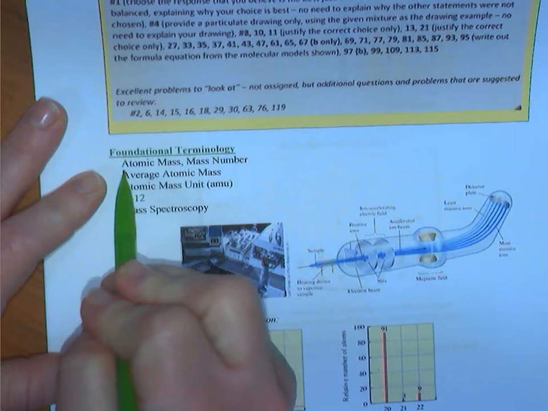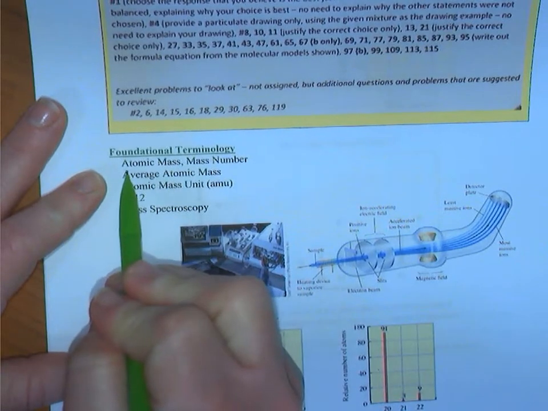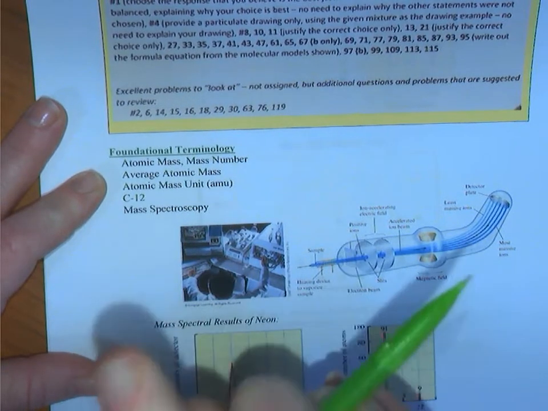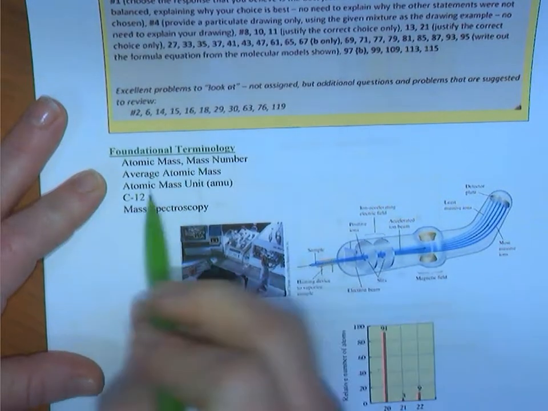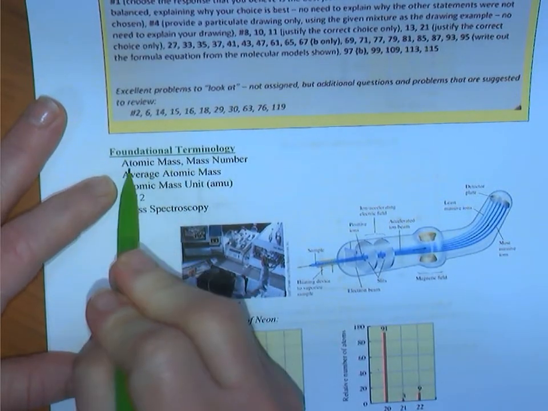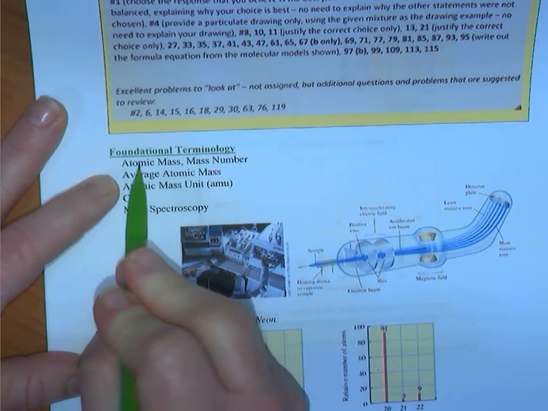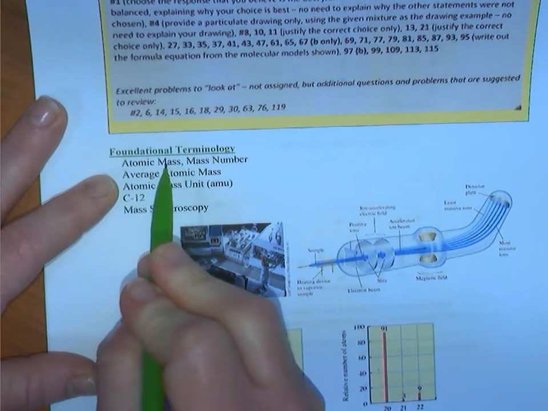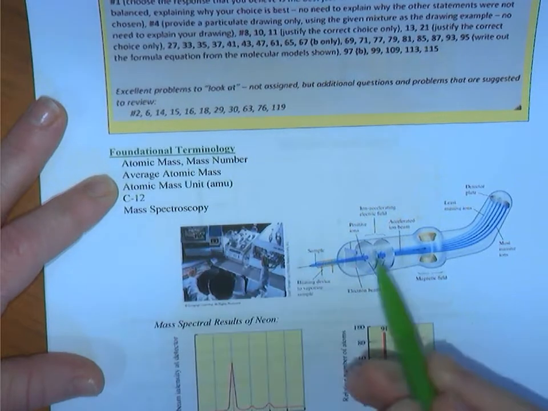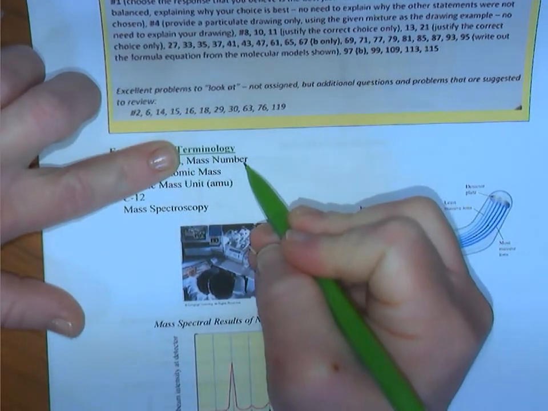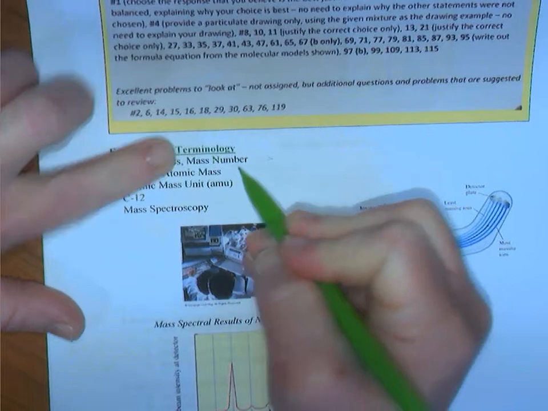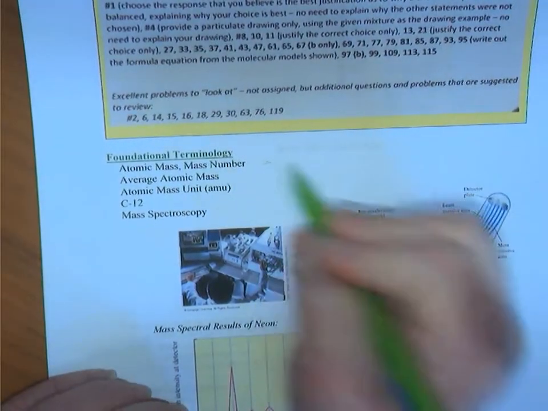Now, atomic mass is kind of a cop-out. Whenever we, as AP students, use this term, we need to attach the adjective of average. Because really, if we just say atomic mass, it's kind of mass number. Mass number is the result of the count of protons and neutrons.